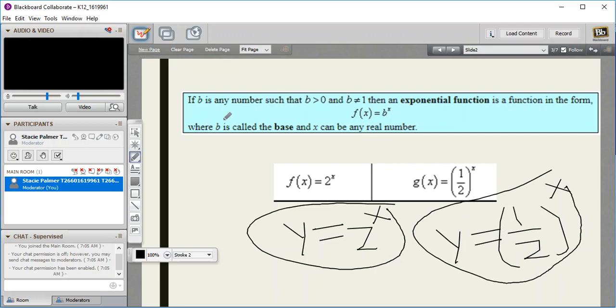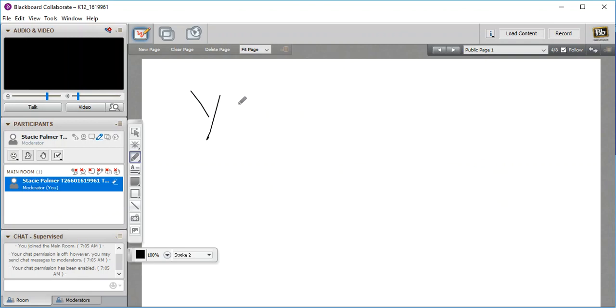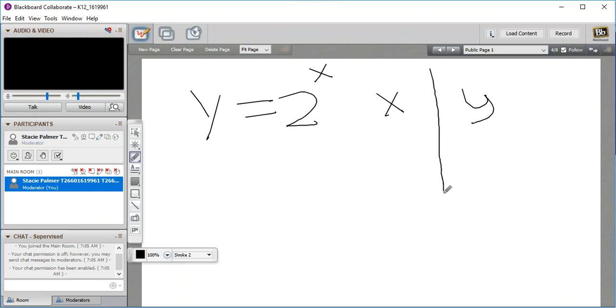Okay, so if we have y is equal to 2 raised to the x power, and we want to graph this using a table of values, I'm going to go ahead and set up a table of values here. Okay, and let's just start with, we're going to do a lot of points for this, okay?